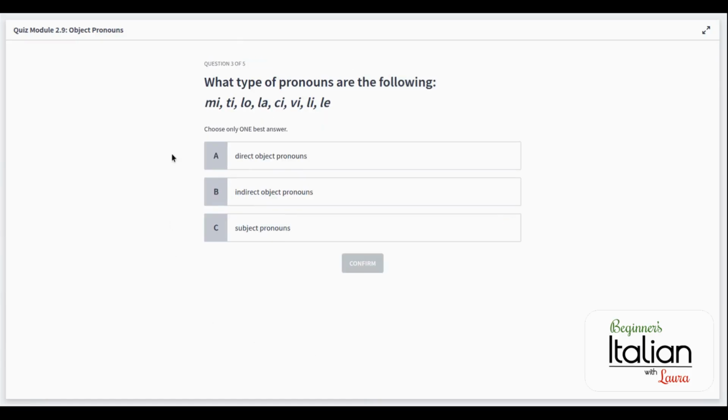Number 3, what type of pronouns are the following? Mi, ti, lo, la, ci, vi, li, le. Choose only one best answer. A, direct object pronouns. B, indirect object pronouns. Or C, subject pronouns.